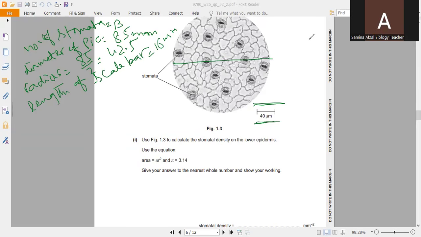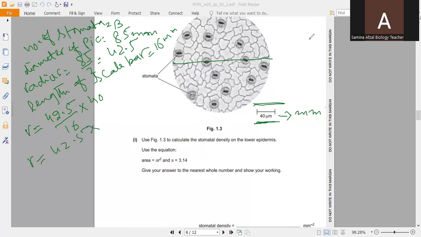We have to convert this 40 micrometer into millimeter, or we can convert it afterwards. So actual radius is equal to 42.5 divided by 16 multiplied by 40.